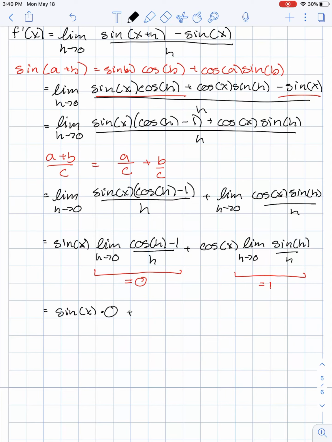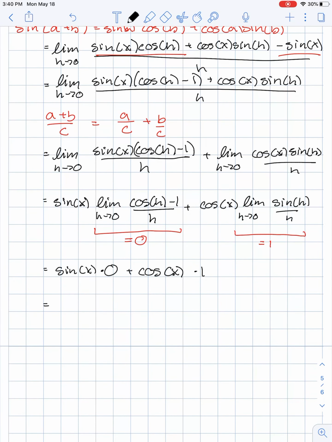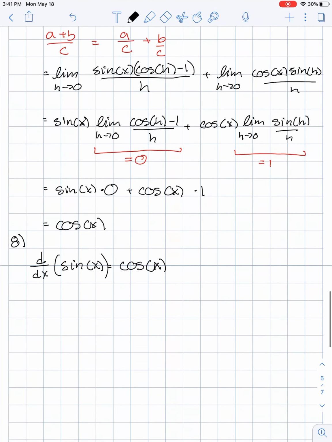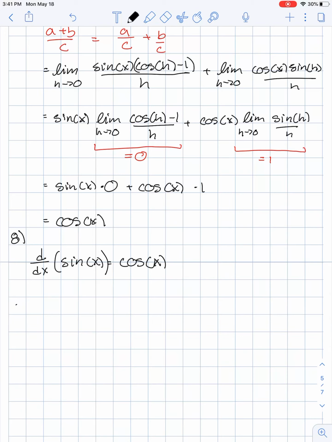Putting those together, we get sine of x times 0 plus cosine of x times 1. Simplifying, we just have cosine. If you're keeping track of all the derivative rules we know so far, this should be number 8. So the derivative with respect to x of sine of x is cosine of x.